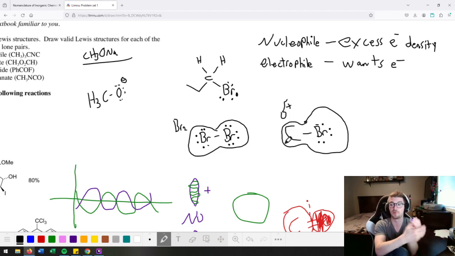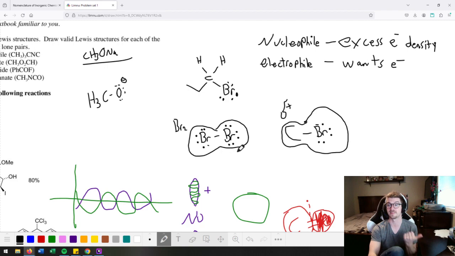But if it's around another atom like bromine that's pulling its electron density away from it, now it's got the same amount of protons, but it has less electron density around it. Not enough for us to call it a fully positive charge, but it skews the electron density towards the bromine.